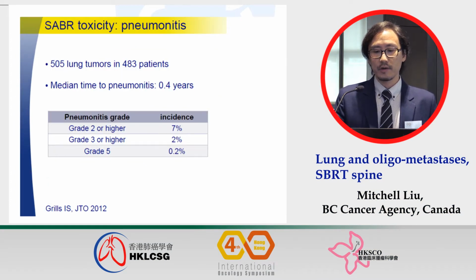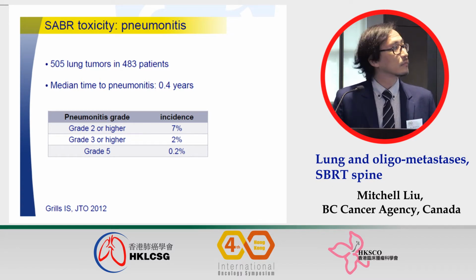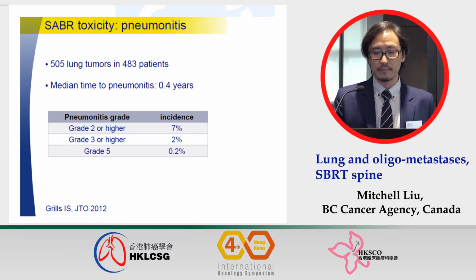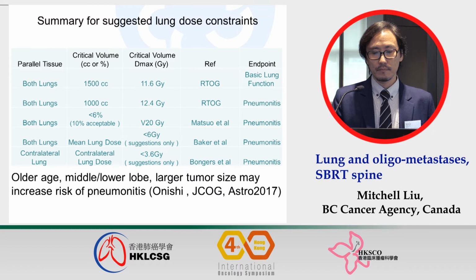The most commonly reported toxicity would be pneumonitis, and most of the data include a pneumonitis rate of about 10%, although the high-grade toxicity of grade 3 plus is usually less than a couple of percent. And these are some of the common dose constraints for lung.